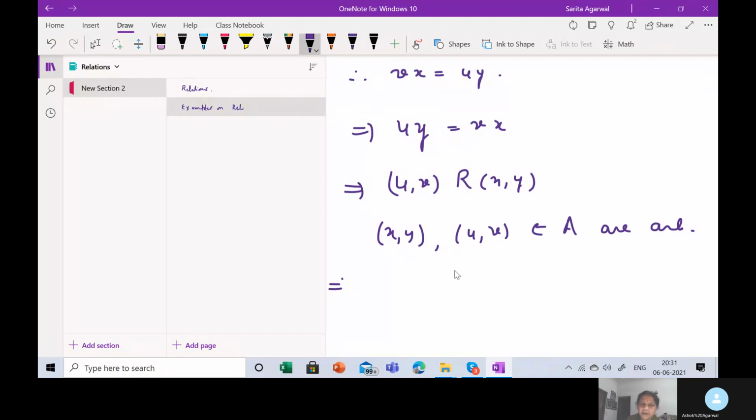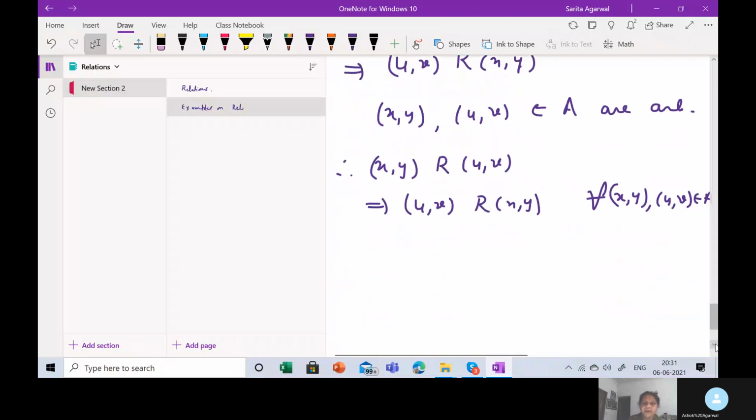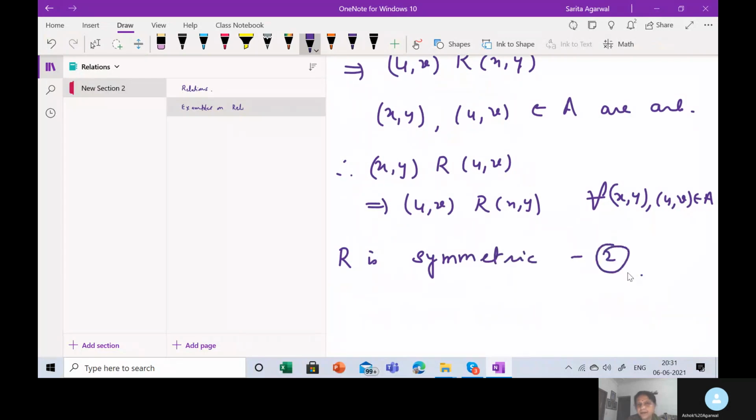Therefore, (x, y) related to (u, v) implies (u, v) related to (x, y) for all (x, y) and (u, v) belonging to A. And this gives us that this relation is symmetric. This is our second point.